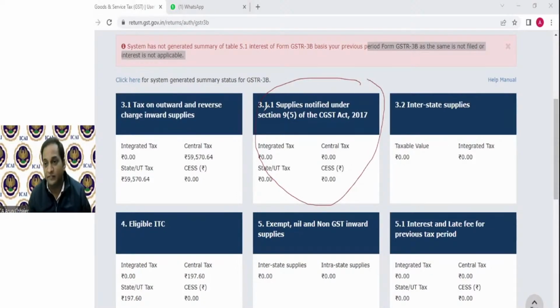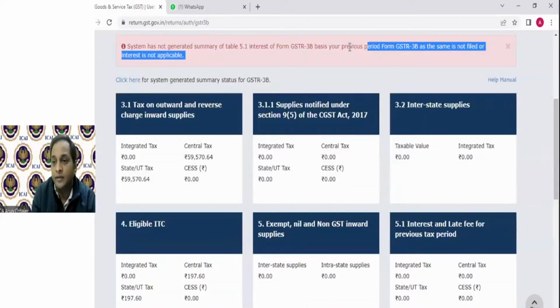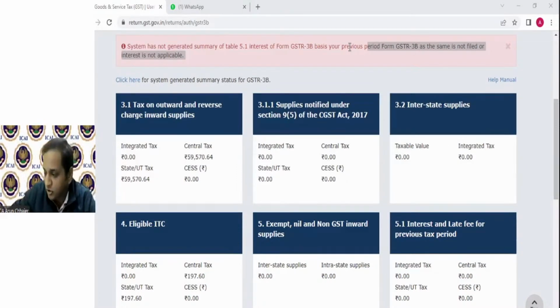Can anybody give me an example of 9.5 transactions? We have discussed it in the registration chapter. Can anyone give me an example of 9.5 transactions? For 9.5 transactions, they have added a new table. 9.5 is through e-commerce operators: the 4 types of service transactions like Zomato, Uber, Swiggy, OYO, Ola, correct? These are the transactions in which the e-commerce operator would be considered as deemed supplier.